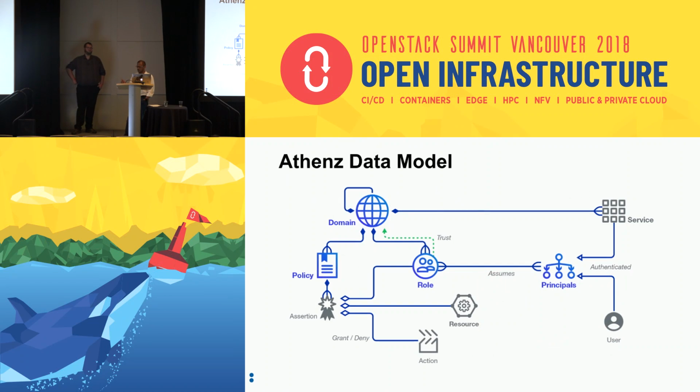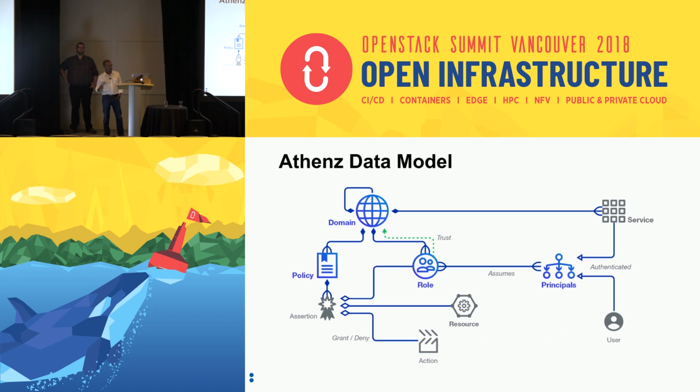Before we jump into how you can bootstrap an OpenStack instance with the Athenz identity, let me quickly go over the Athenz data model. Athenz partitions the world into domains. In a domain, you define your roles and policies, basically to provide a secure boundary.